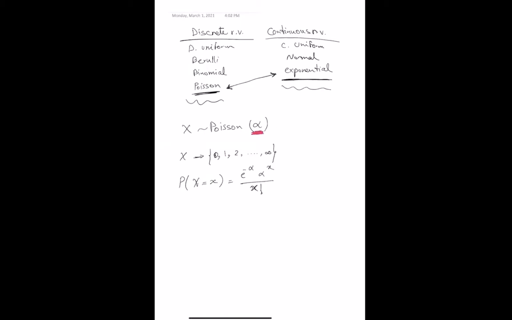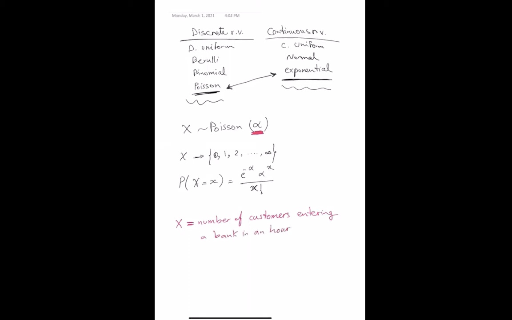For example, let's assume X is a random variable that is the number of customers entering a bank in an hour.